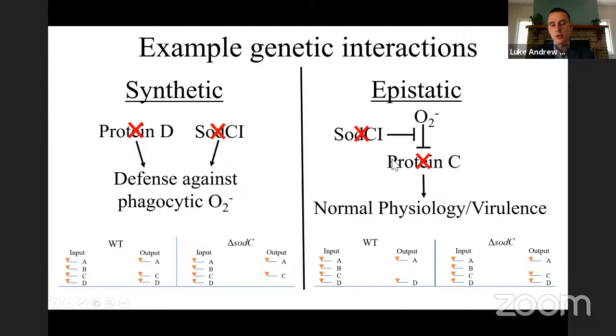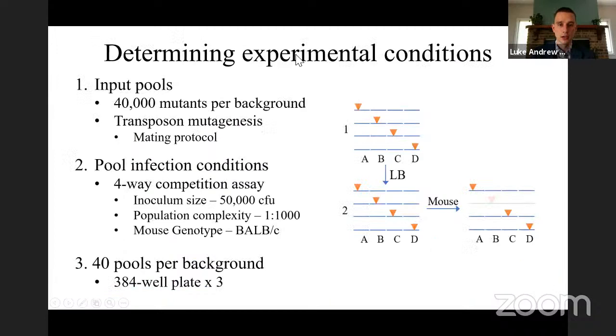And if we consider the hypothetical SOD1 scenario, in the absence of SOD1, superoxide is going to inhibit protein C. So if we add additional insertions into that gene, it won't affect the fitness of that strain relative to the rest of the population. That's represented as insertions in the output that are relatively equally abundant to the input. Those are two examples that we might see in the data, and I'll come back to that a little more later.